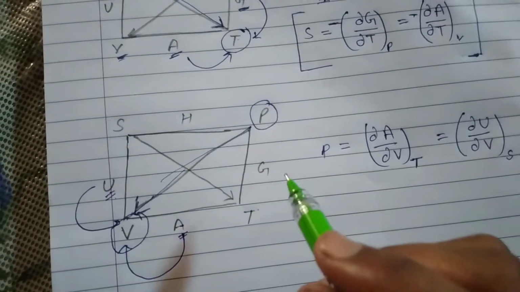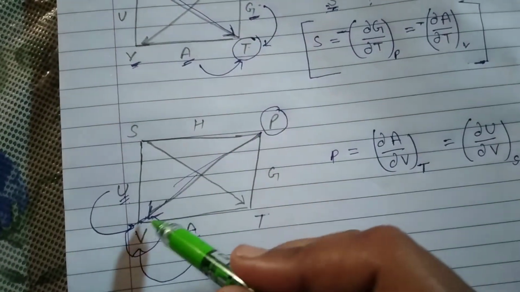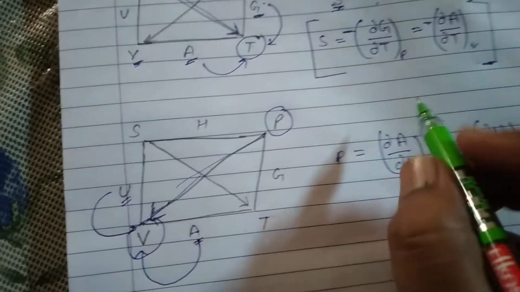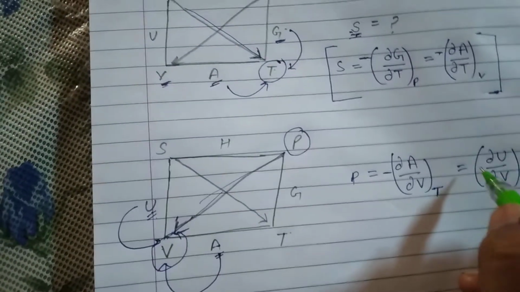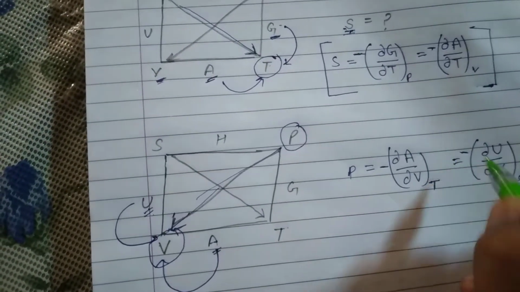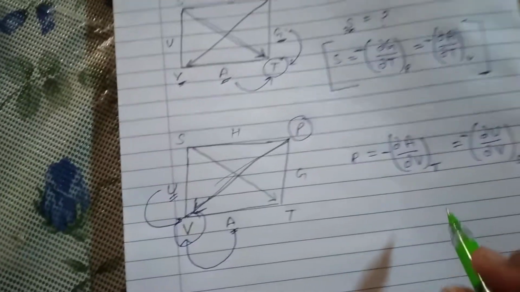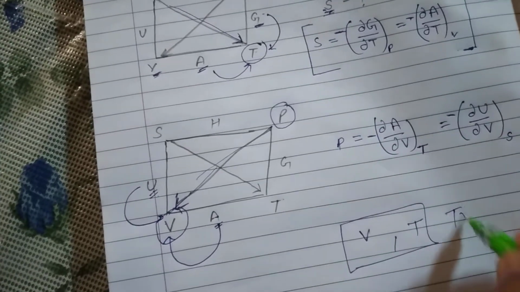Now we have to mention the sign. As the arrow is directing towards the volume, we will take the sign as negative in both cases. In a similar way, you can try for volume and temperature also. Try.